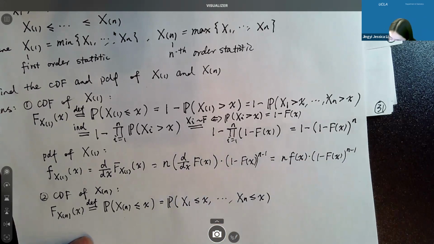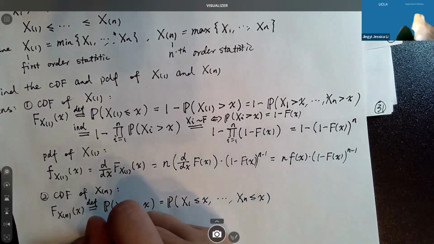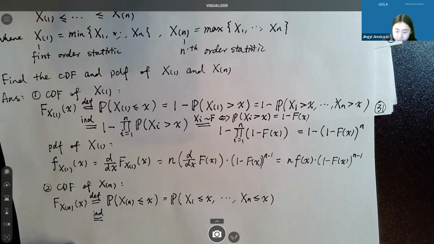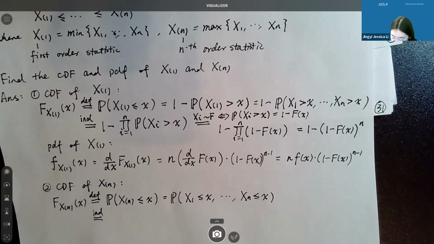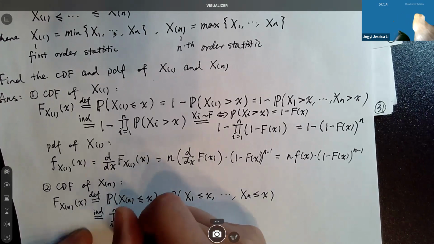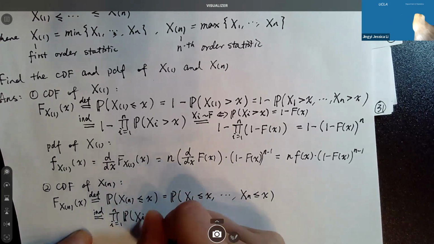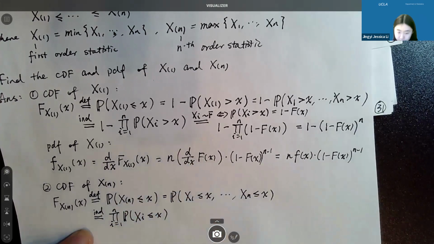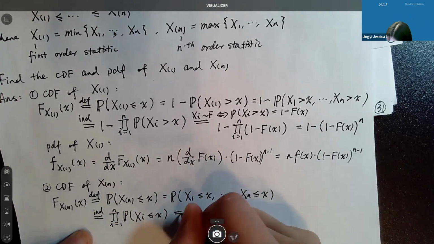Now we apply the independence to write a joint probability as a product of marginal probabilities. So it's this, right? And then this is actually easier.